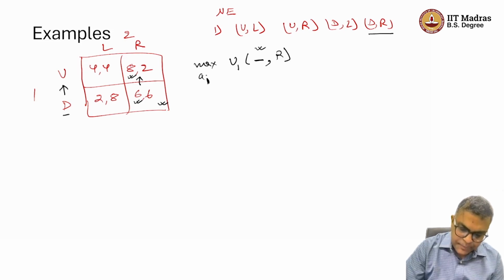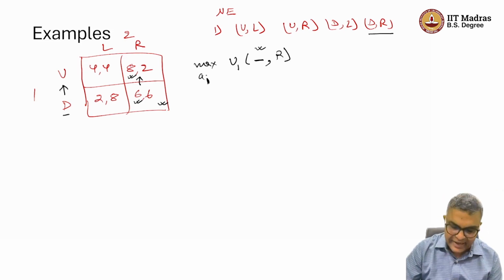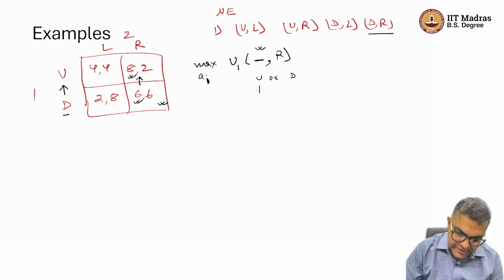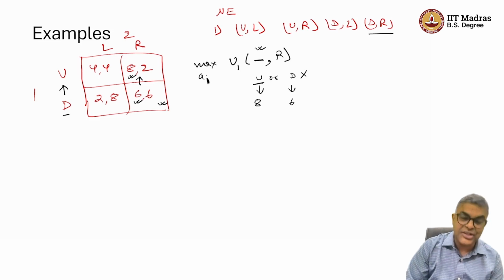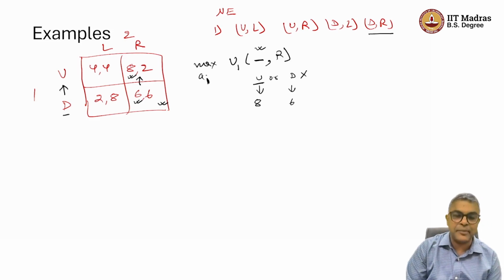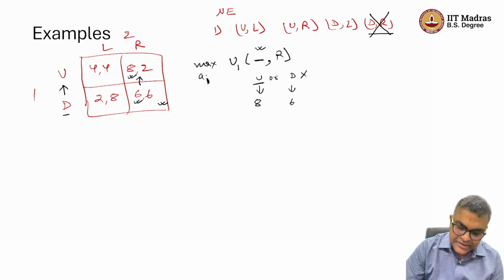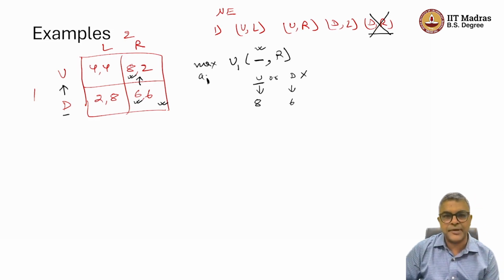Which action should he pick so that this is maximized? He can either pick U or he can pick D. If he picks U, the payoff is 8, and if he picks D, payoff is 6. So he should have picked U and not D, and therefore by changing the action he is becoming better off, and therefore this is not a Nash equilibrium.